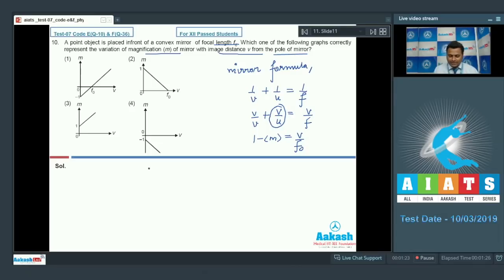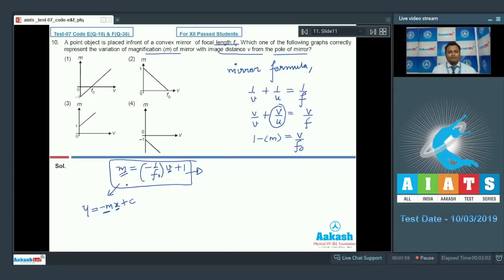In this particular case, we got the relation between magnification and image distance as m equals minus of 1 by f0 v plus 1. So this is m versus v relation, which corresponds with y equals minus of mx plus c, where y is vertical axis, that is magnification m, x is on horizontal axis, that is image distance v. So the graph will be straight line, that we clearly can see.